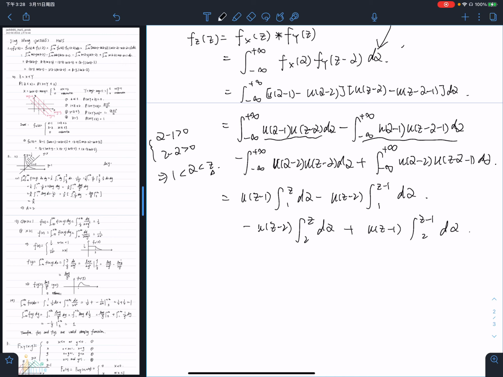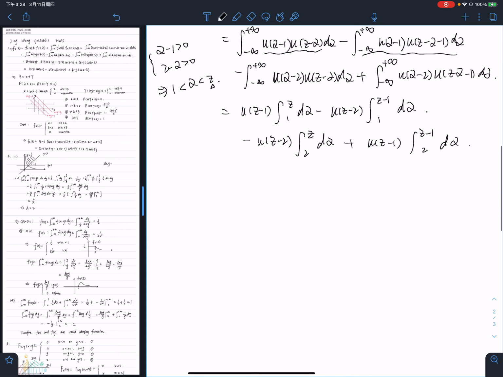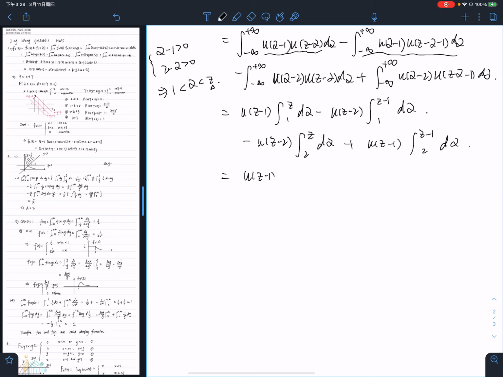Then it should be (z minus 1) times u(z minus 1), minus (z minus 1 minus 1), which is (z minus 2) times u(z minus 2), and minus (z minus 2) times u(z minus 2), plus (z minus 3) times u(z minus 3).